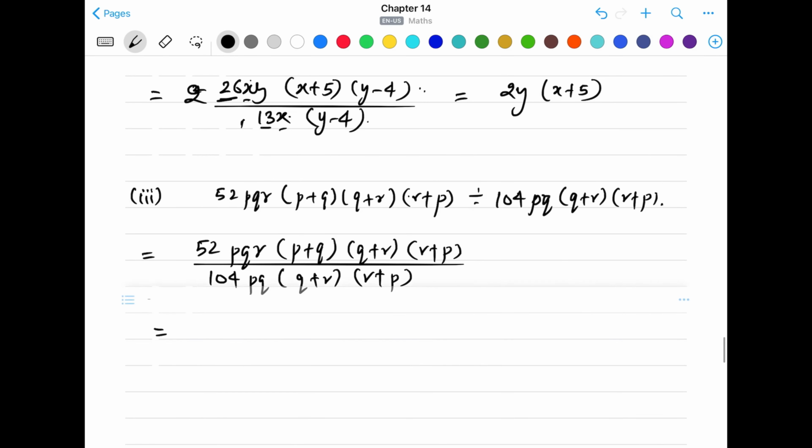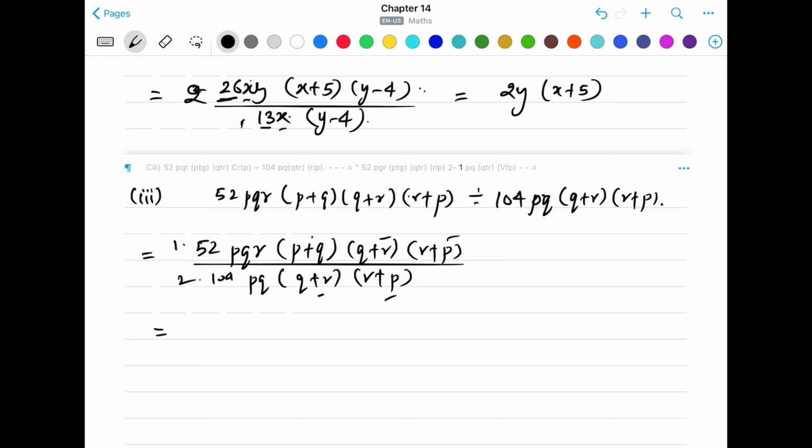Now this q plus r will cancel this q plus r, then r plus p will cancel the r plus p. So we're only left with this p plus q. Here this 52 divided by 104 will give us 1 here and 2 here, as 52 2s are 104.